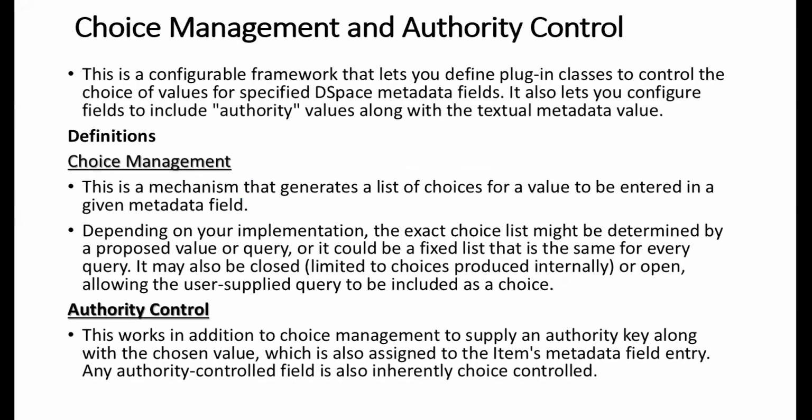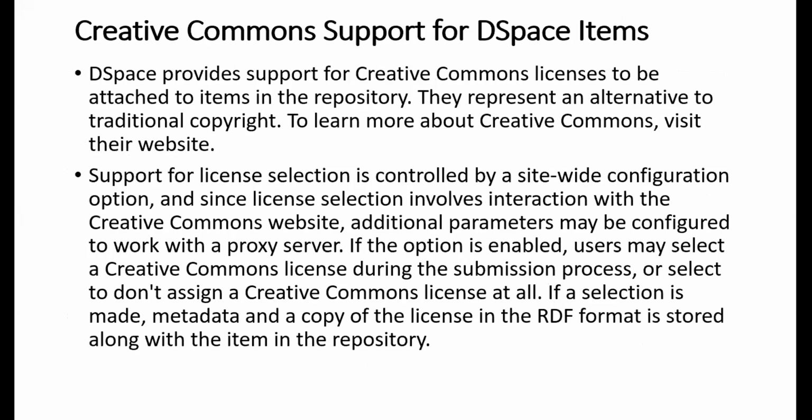Also, there's a bit of authority control. Authority control is also about standards, ensuring that authors and titles are entered the proper way. So it adds to the element of choice. Creative Commons is important.